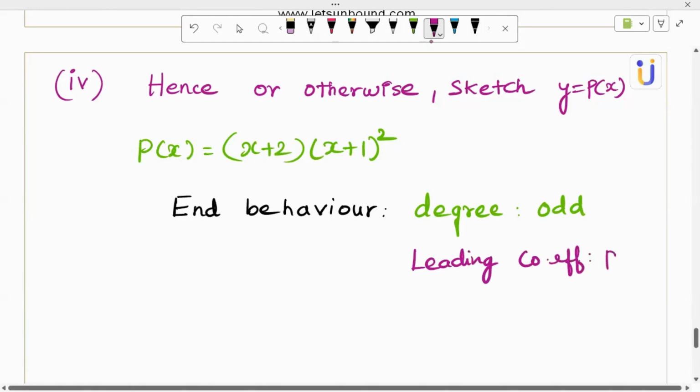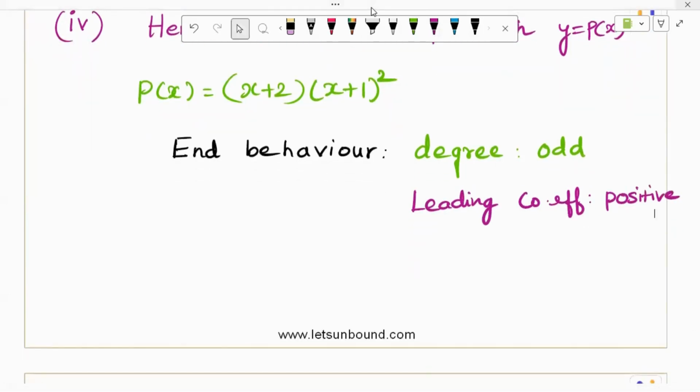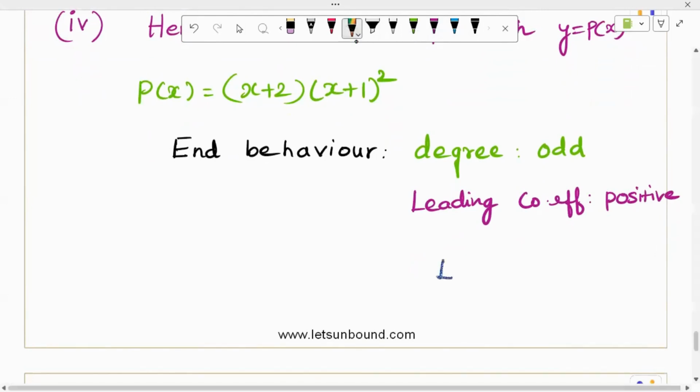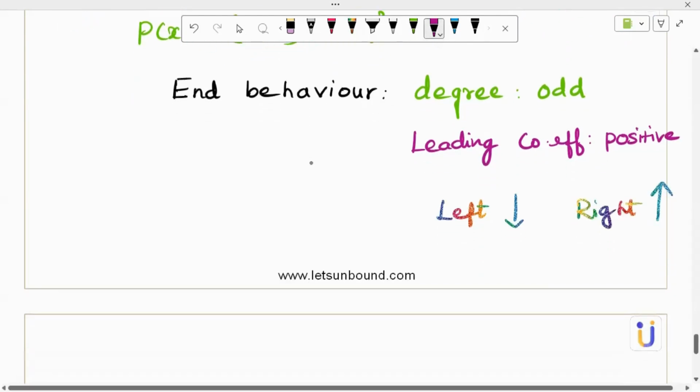So the end behavior will be, to the left, it's down. To the right, it's up. Okay, it will be reaching infinity. Then we know the cubic structure, something like this.